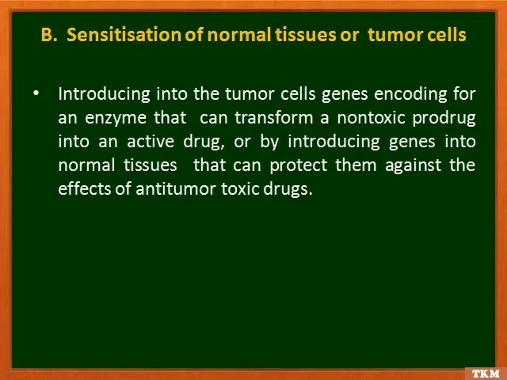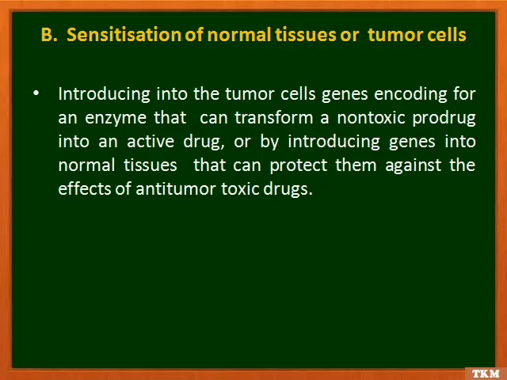Now how can we sensitize the tumor cells? If we introduce genes inside the tumor cells that encode for an enzyme that can transform a non-toxic prodrug into an active toxic drug, and such genes express themselves only in tumor cells, we can get targeted drug delivery and thus save the normal cells from the adverse effects.